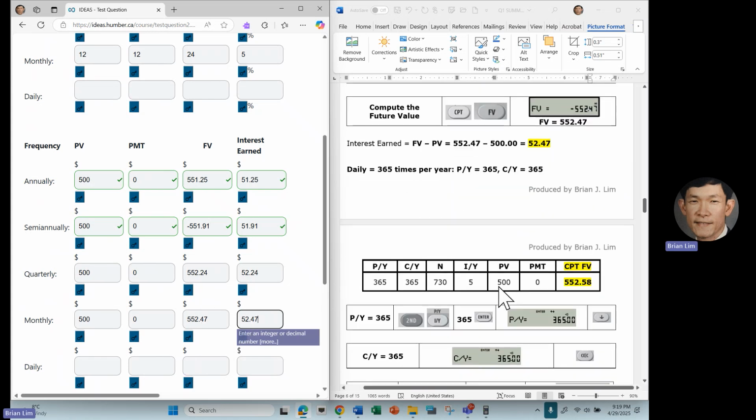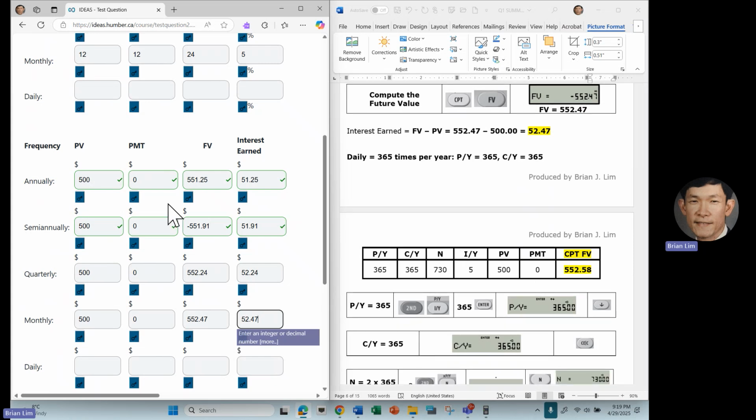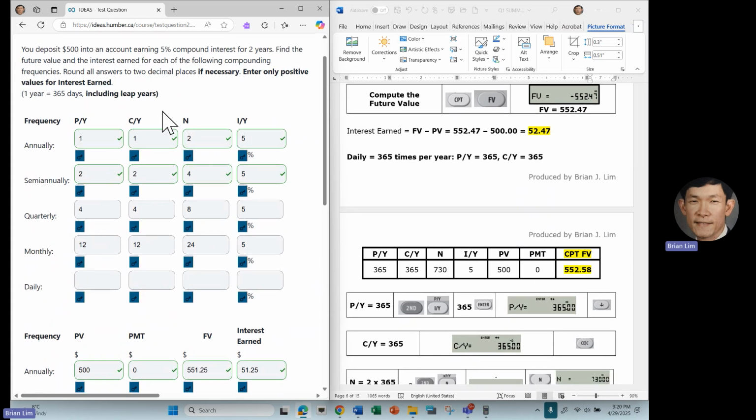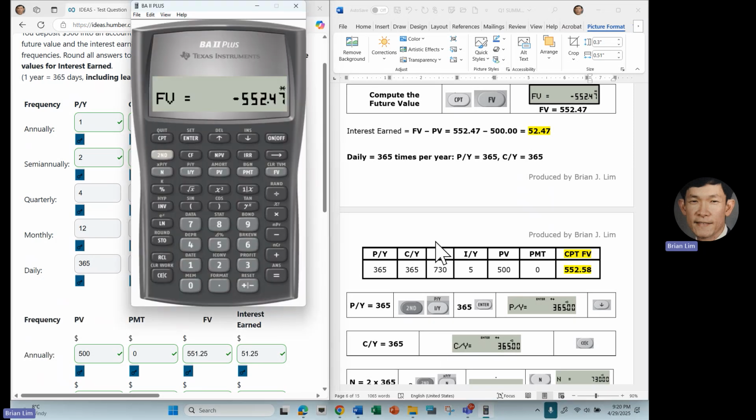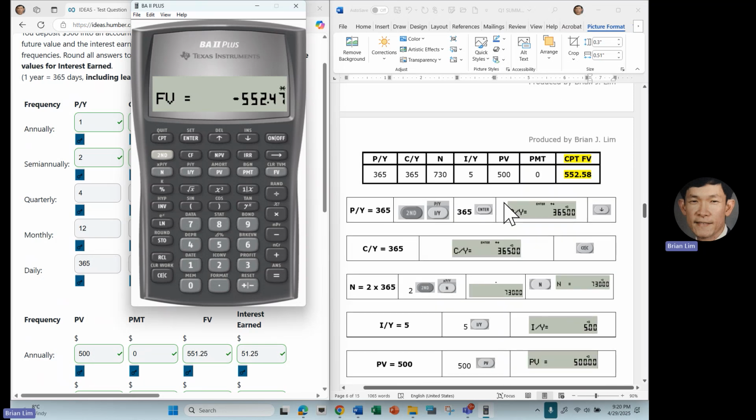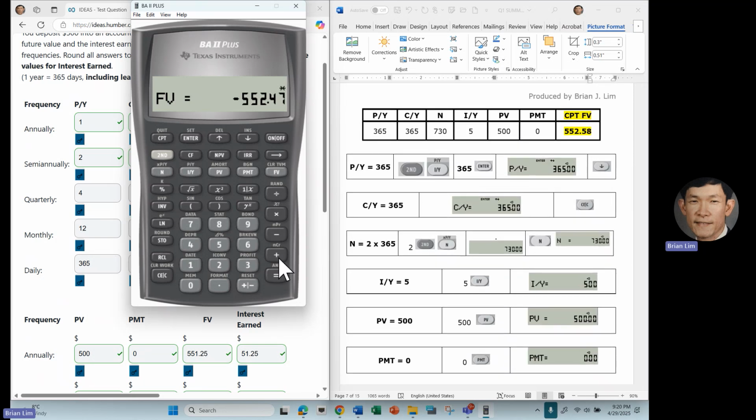Now, daily is 365 times per year. All right. But it's a leap year or not. So we put in for PY 365. We put in for CY 365 also. So we go to the calculator and we do exactly as it says here.